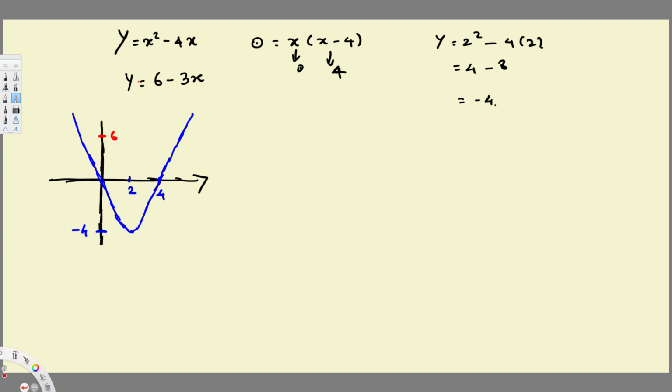To find the x-intercept, we just equalize this to 0. So 0 is equal to 6 minus 3x. Therefore, 3x is equal to 6. X is equal to 2, right? So it's crossing at 2. So let's draw a line, so let's say it crosses like this, right?